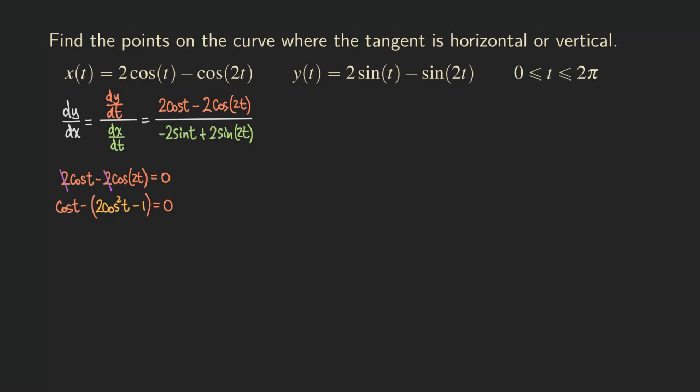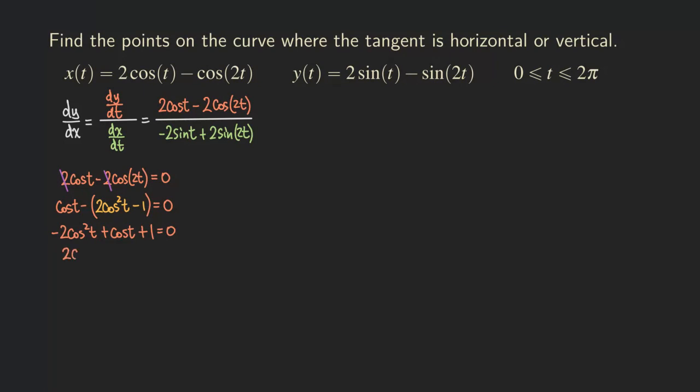What happens right now is that we are going to distribute this minus sign to both terms inside the parentheses so that we do not have parentheses anymore. So we have negative 2 cosine square t plus cosine of t plus 1 is equal to 0. Because this quadratic term in terms of cosine has a negative leading coefficient, we can multiply everything by -1 so that we can turn that coefficient into a positive coefficient.